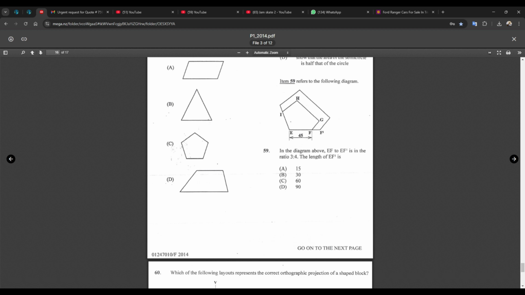If we divide 45 by 3, we'll get 15. So each unit is worth 15. And 15 by 4 will give us 60. So the answer is C, 60.